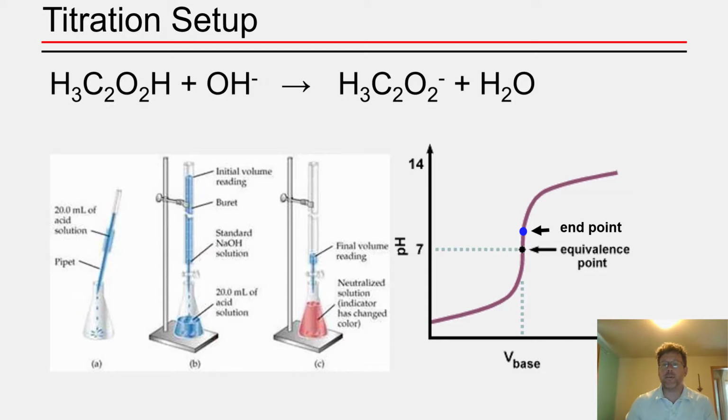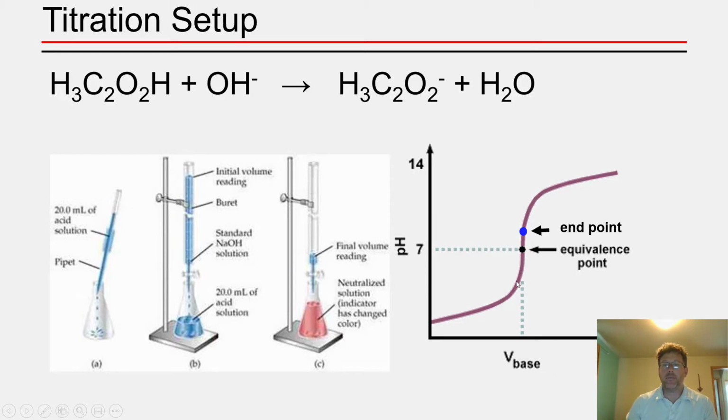And so if you were to track the progress on a titration curve, you probably saw some titration curves back in general chemistry, but it also may have been a while since you pulled one out. A titration curve measures the pH of the solution as a function of the volume of the titrant added.